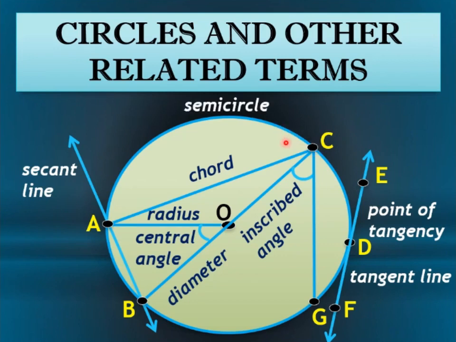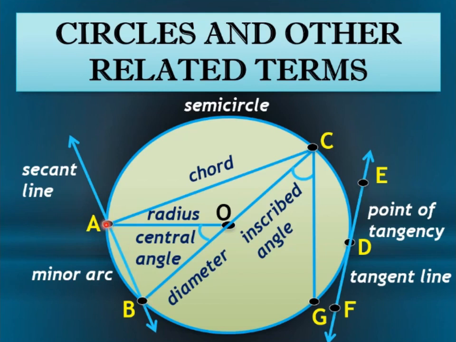A semicircle is an arc whose endpoints are the endpoints of a diameter. So the diameter BC has endpoints point B and point C, which are also the endpoints of the semicircle. So we have semicircle CAB. A minor arc is an arc which is less than a semicircle.